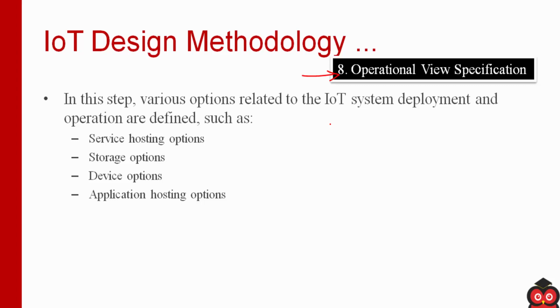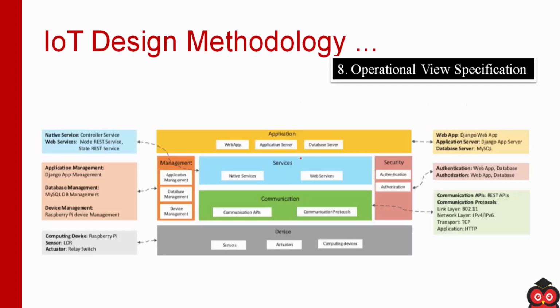Now it's time to decide what technologies you will use for developing your application. Okay, so is there any service hosting required? Either it is local or cloud, you can choose now. Where to store the data, what database should I use, what device should I use, and where to host my application. Okay, so now it's time to choose all these technologies.